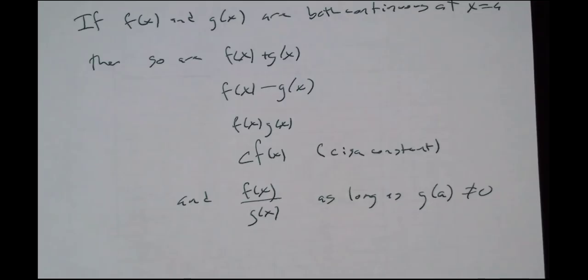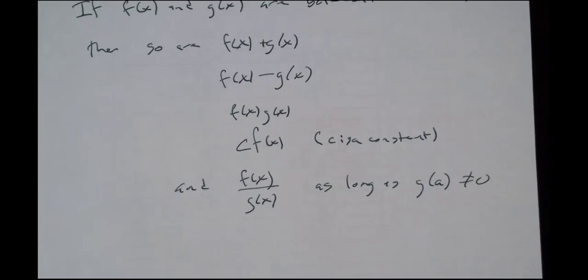If I have two functions that are continuous and I add them, the resulting sum is still continuous at whatever point I'm at. So is the difference, the product, c times f of x, where c is a constant, and f of x over g of x, as long as I'm not dividing by zero, because dividing by zero blows everything up.